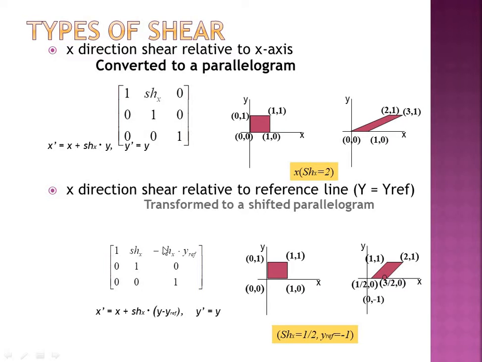In that case, the transformation matrix will be like this, and if we apply the same transformation to the same object, then we will see that it is converted to a parallelogram and also it gets shifted slightly towards the right. Here the value of SHX is specified as 1/2 and y reference is -1. So the result is that shifted parallelogram.